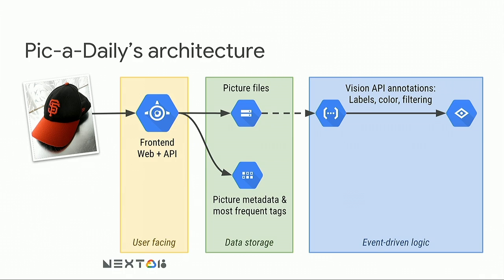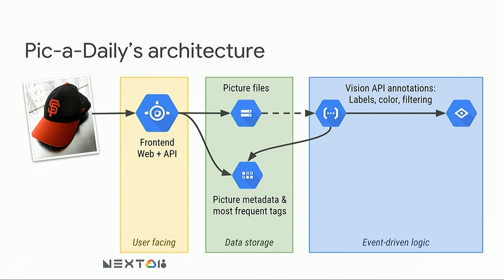And we're also using the safe search annotation, which tells you if the content contains adult, racy, violent, medical content, and that kind of stuff. When the Vision API answers the request, the function adds metadata in Datastore. So again, the labels, color, filters, etc. in the entry we created when we uploaded the picture.